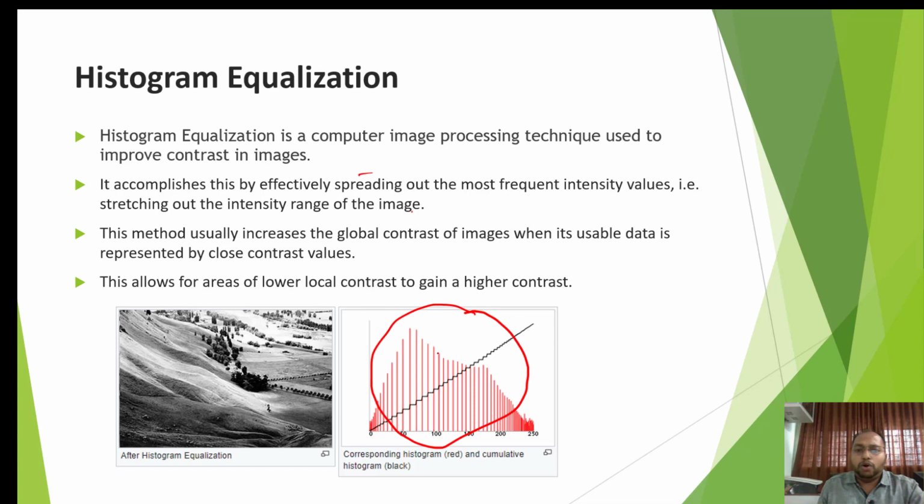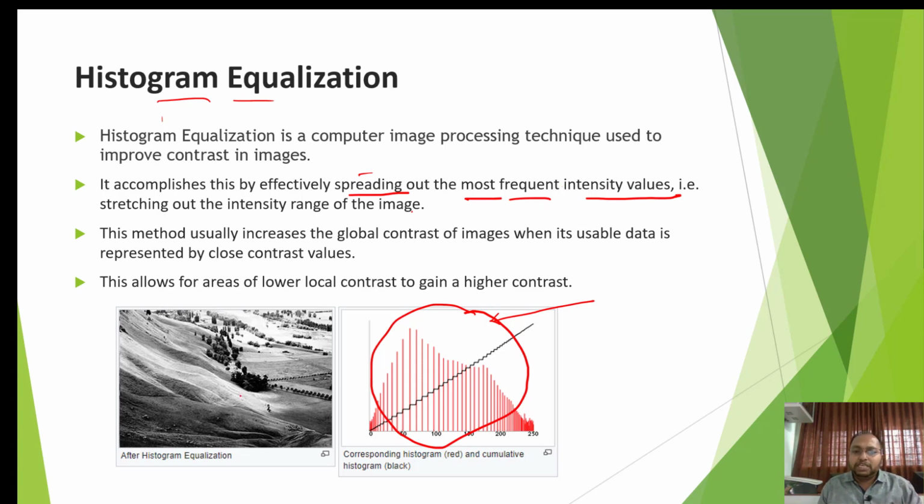But whenever we perform histogram equalization, those histogram levels are distributed over the range of all the gray level intensities, and that is the main intention: spreading out the most frequent intensity values.